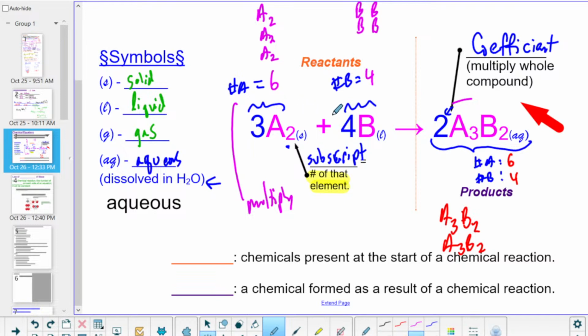Reactants, excellent. What are the ones that come out? Products. Occasionally you'll see the word substrate in reactants if you're doing biology. Same thing. We use the word substrate when we're talking about something that interacts with an enzyme, which is a catalyst for reactions.